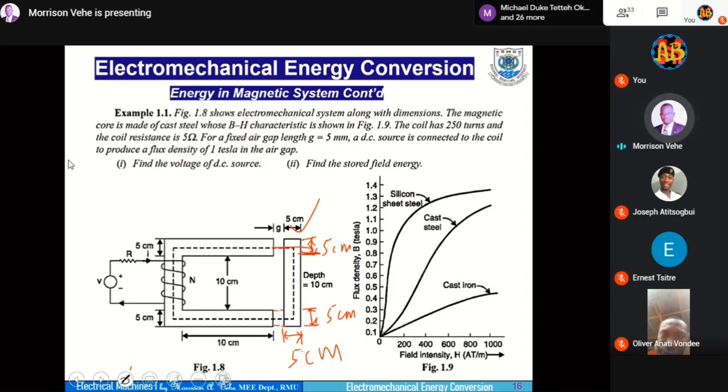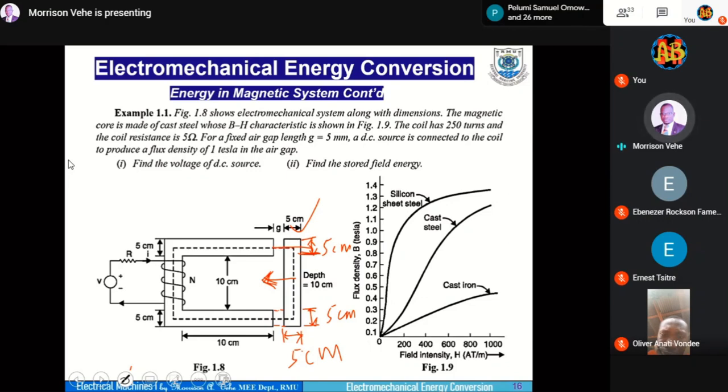If we want this arm to move, you have to pass current.